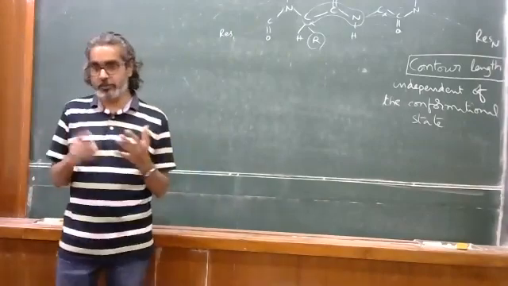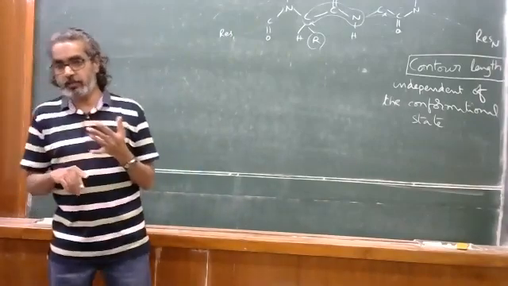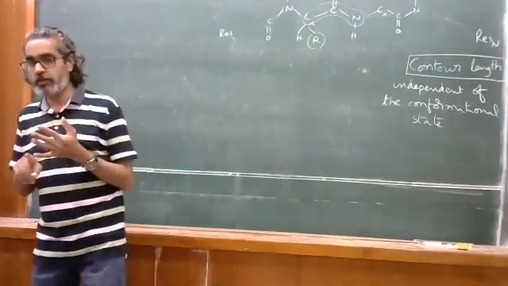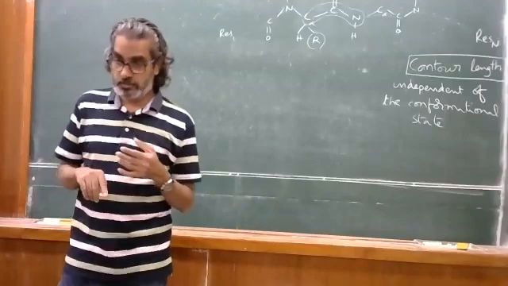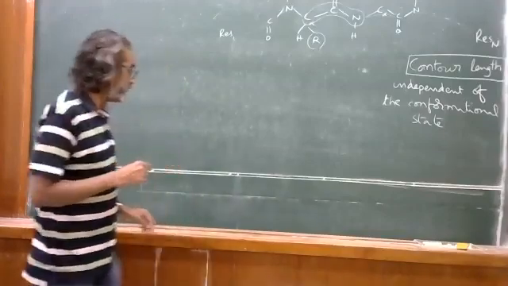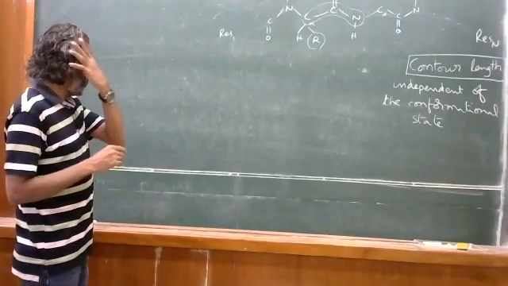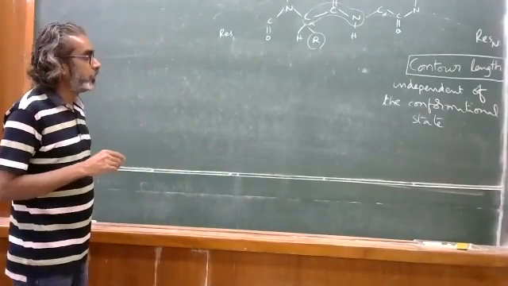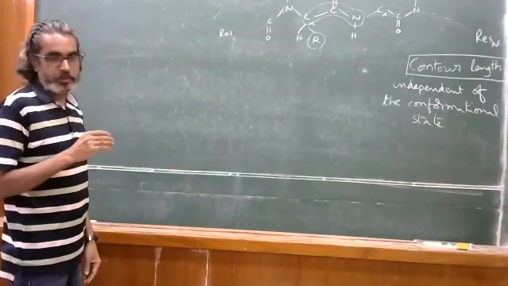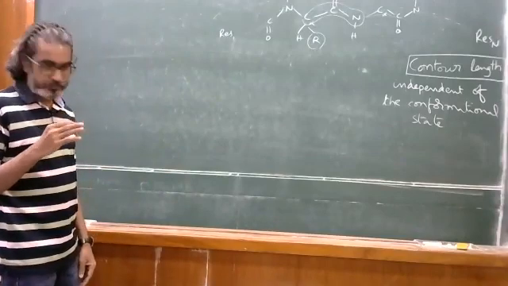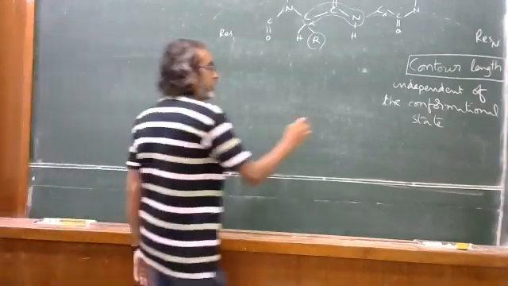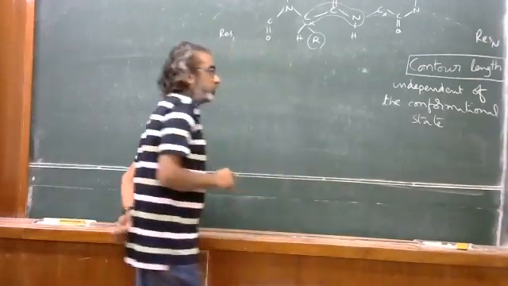You can think of temperature, you can think of adding a denaturant like urea or guanidinium hydrochloride, or in some cases you can change the pH, or any other way you can think of. So these are the important conformational states, the folded state and the denatured state. And sometimes if the protein has any well-defined intermediate states, then you can think of intermediate states. So the contour length is independent of the conformational state.